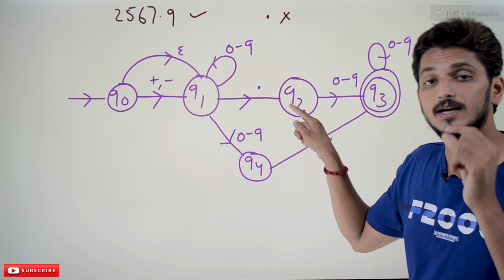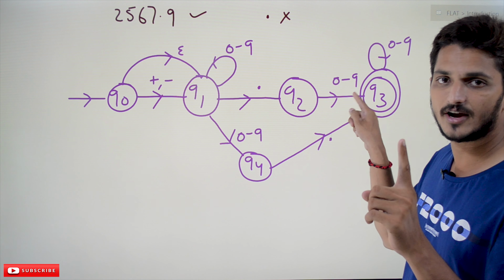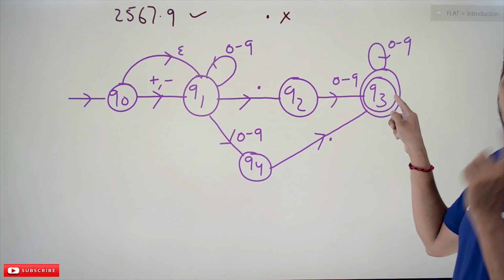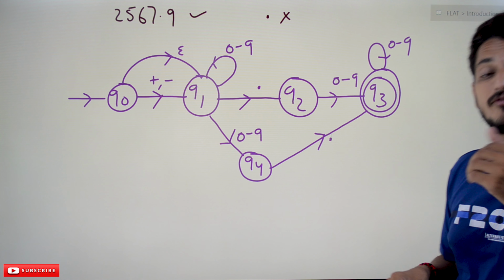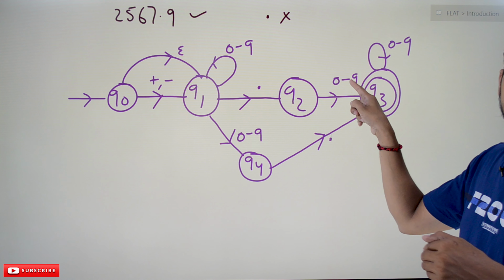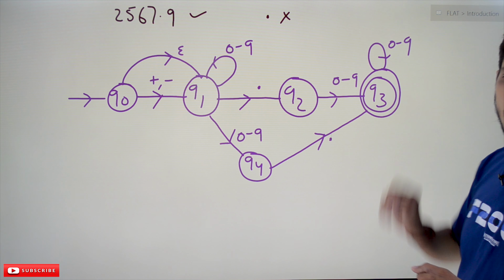After the dot, at least one digit has to be identified. That's why after taking one digit we move to the final state. So this logic handles the case where the first input symbol is a dot: at least one digit has to be identified after it.